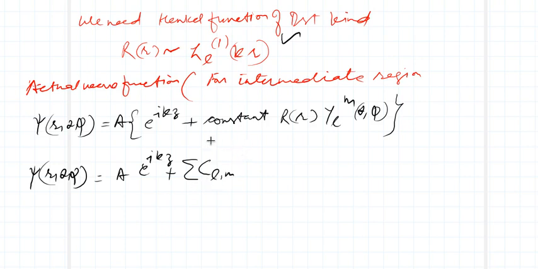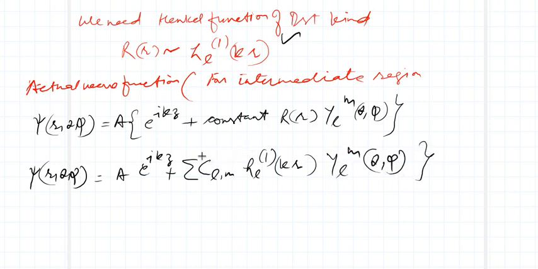Now this constant is replaced by CLM, and we have to determine its value later on. And R of r is replaced by HL1 kr, and Ylm theta phi will remain as it is. Let me call this equation number A.